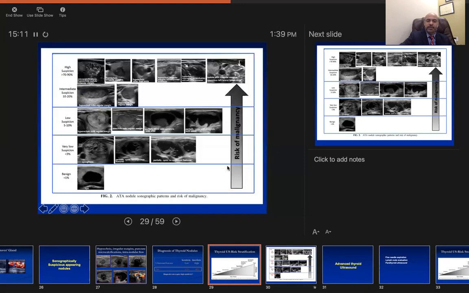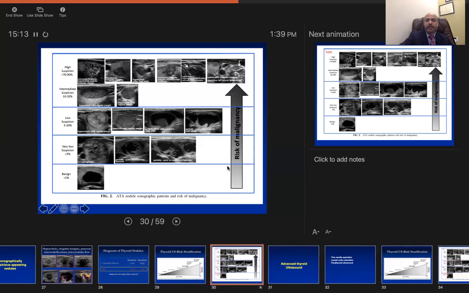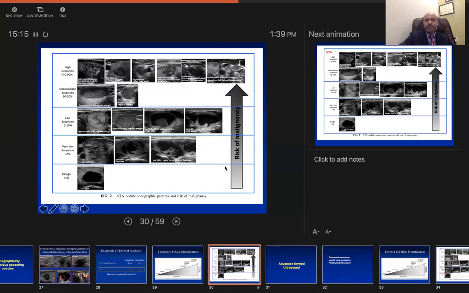So this is another slide showing how we decide whether to subject these thyroid nodules to FNA or not. This is another very important slide. I remember when I was in training, we used to have this along in our ultrasound room, and it was very helpful.